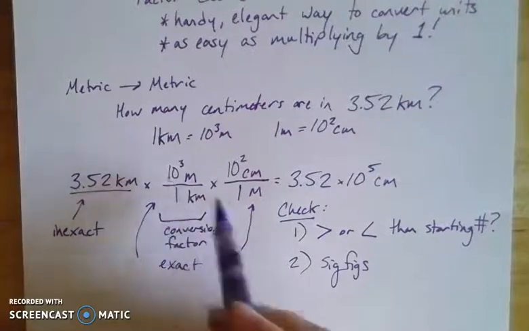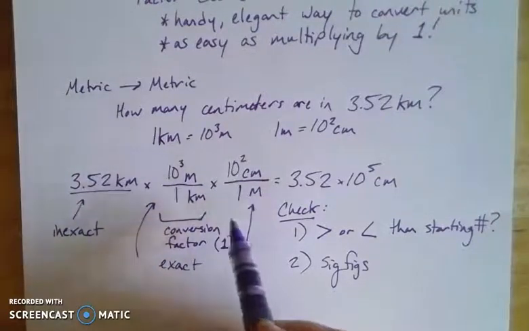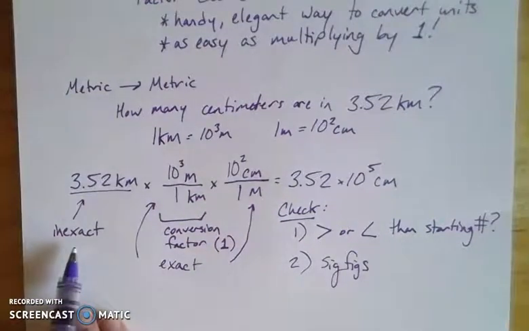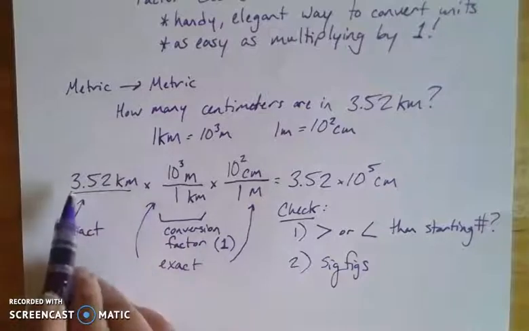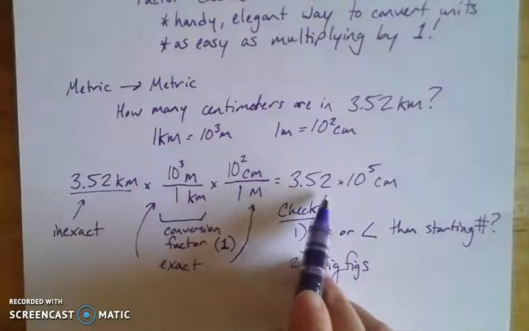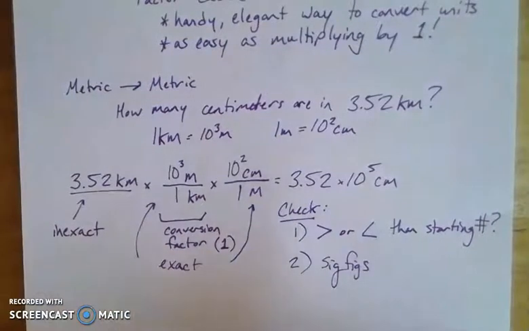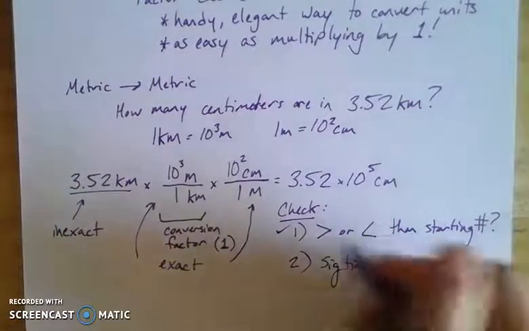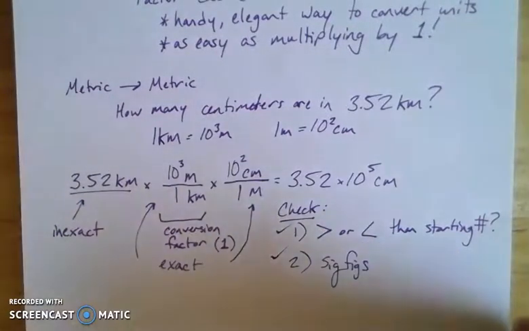So it doesn't matter how many significant figures I have here. They're not going to factor into my rounding of the answer. So the only one that matters is this inexact number. This has 1, 2, 3 sig figs, so my answer needs to have 1, 2, 3 sig figs. So we're good. We're the right magnitude and we have the right number of sig figs.